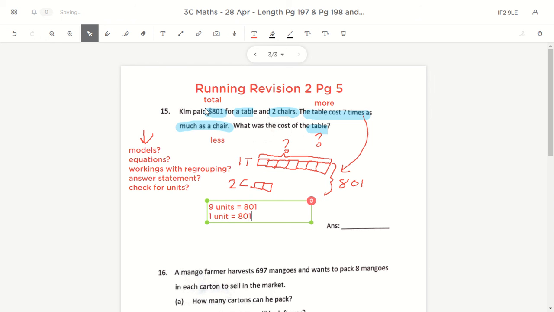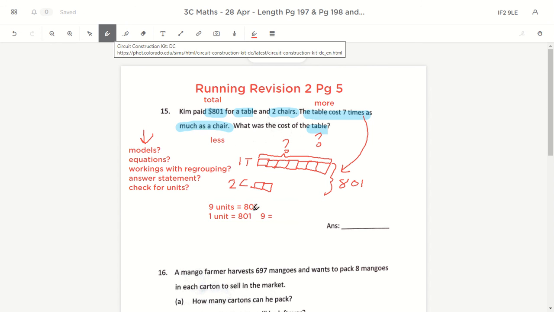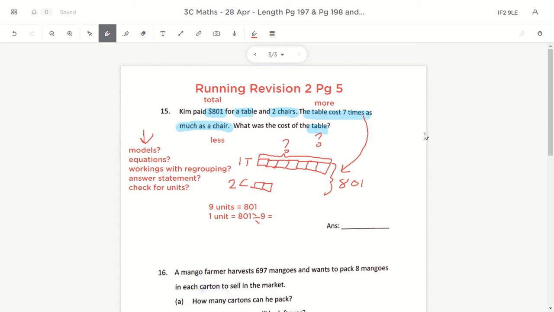So 801. Let's leave some space for the divide sign. Divide by 9 equals. Let's work this out over here. 801 divided by 9. 9 times 0, 0. 8, bring down the 0. 9 times 8 gives you 72. 80, bring down the 1. 81. 9 times 9 gives me 81.